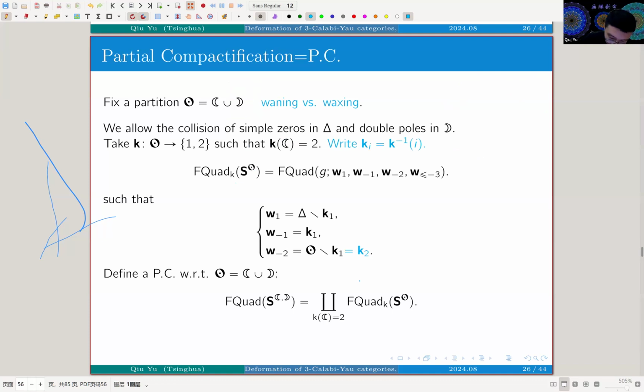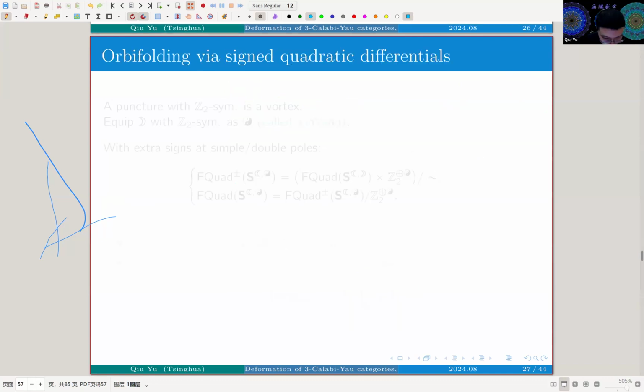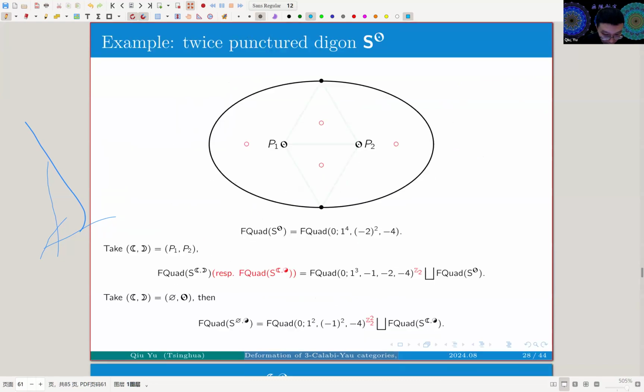In this case, we start with some model space, and we add more strata with different singularity types. Let's see some examples. Maybe let's go here first. In this case, we have a digon with 2 punctures and 4 decorations. So we start with this model space.